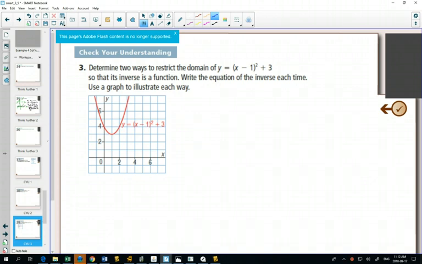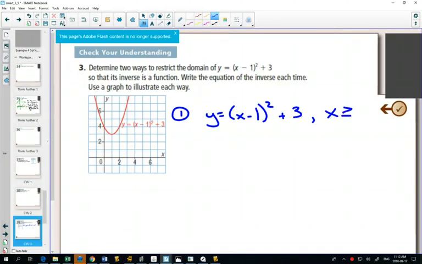And I'll show you with the first way that we could do this. Number one, we could restrict the domain of this equation, and after it, I'm going to say I'm only going to look at that when the x values are bigger than or equal to 1.